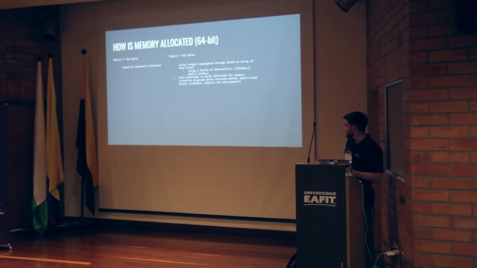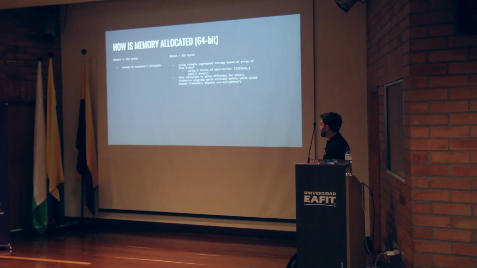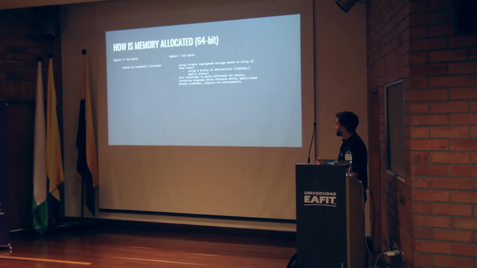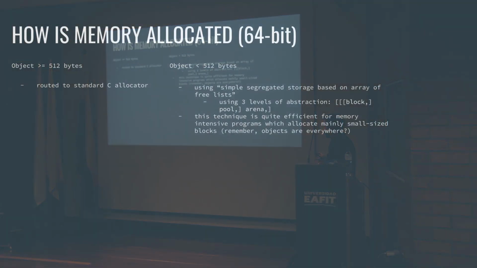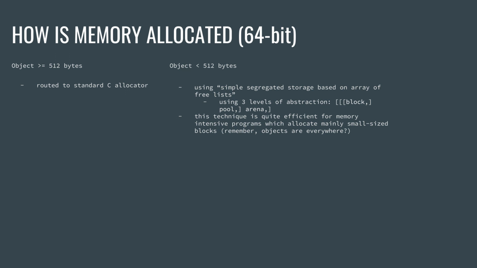You have so many objects there, and they need to be created in the most efficient way possible, right? So Python came up with this structure. It's called simple segregated storage based on an array of free lists. Basically, if you Google for free lists and Python, you should find some things related to that.